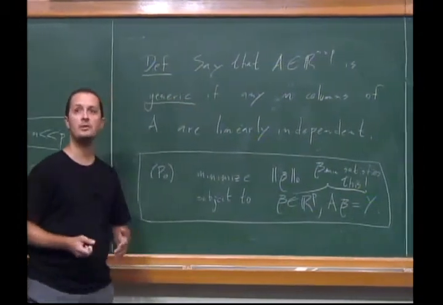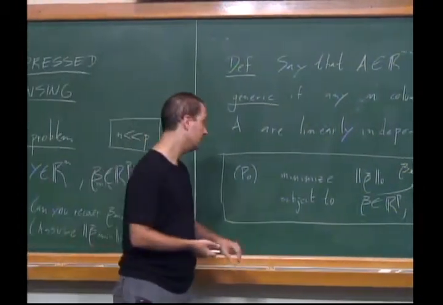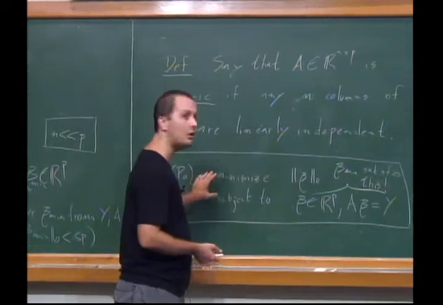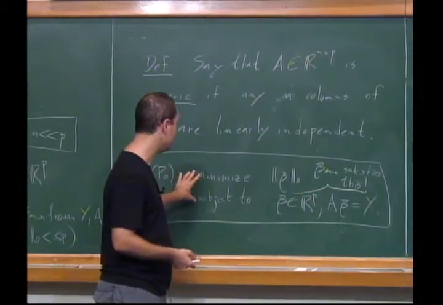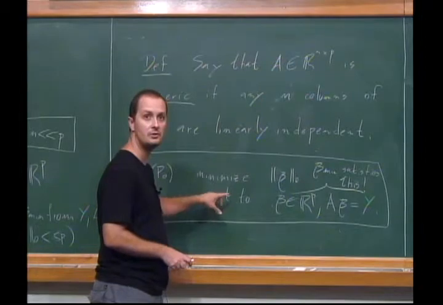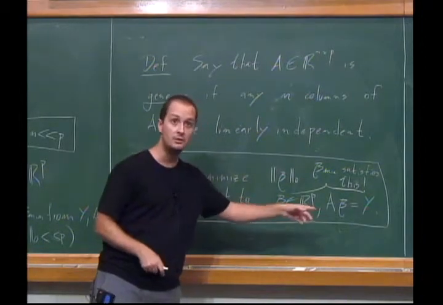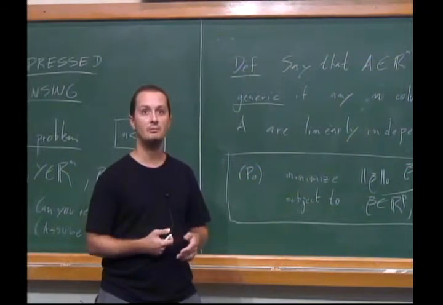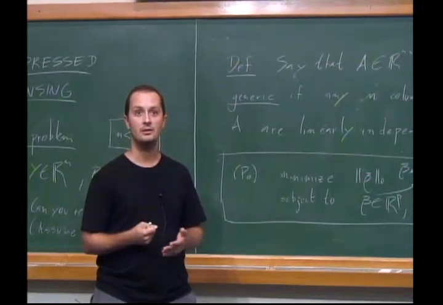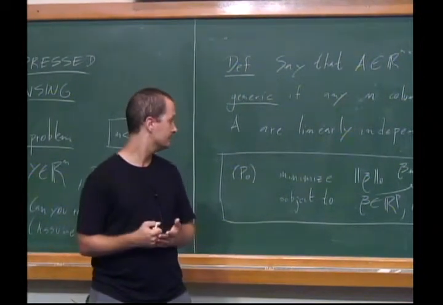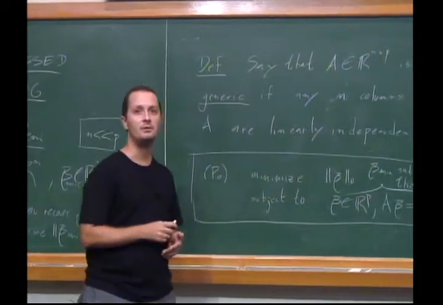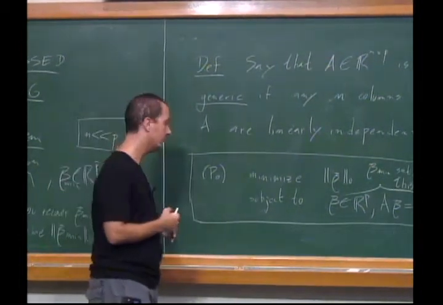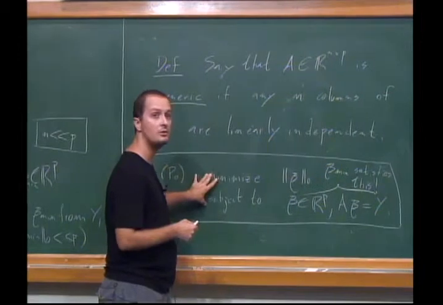And I'm not going to get into what that means. But it means essentially that if you find a polynomial time algorithm for doing this, for any matrix A and any vector Y, then you can win $1 million by proving that P equals NP, and you'll be very happy. But that's probably not going to happen. Probably P is different from NP, and there's no way of solving a general system of this kind.